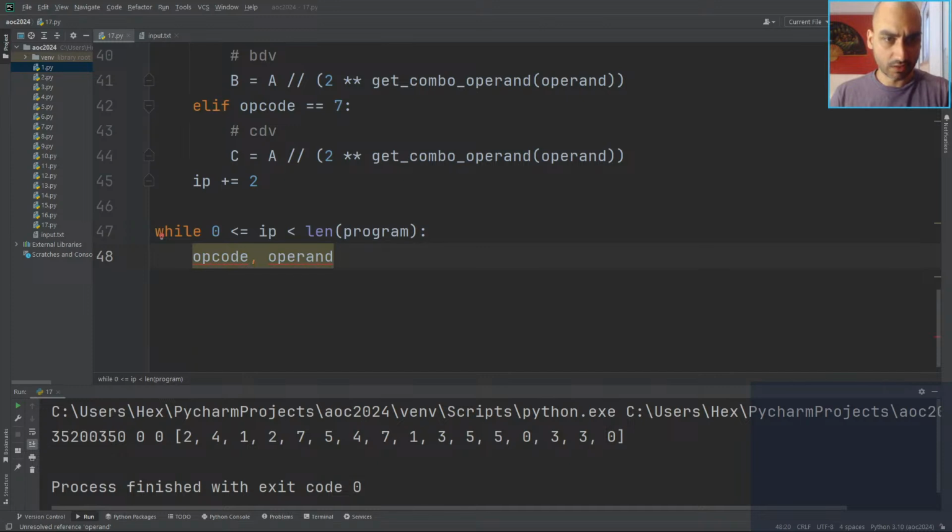Do we need to check for that? If it tries to read an opcode past the end of the program, it halts. But it doesn't say anything about the operand.